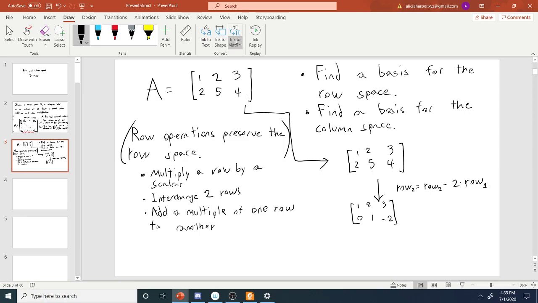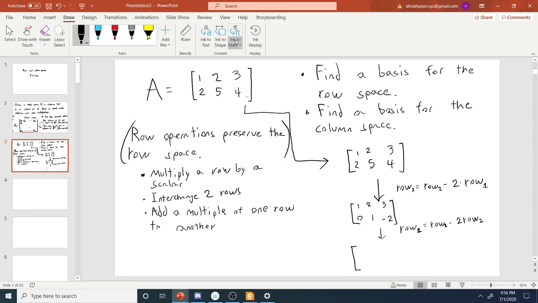So in this case, the next thing I can do to put it in row reduced echelon form is I can subtract 2 copies of row 2 from row 1. So I can set row 1 to be equal to row 1 minus 2 copies of row 2.